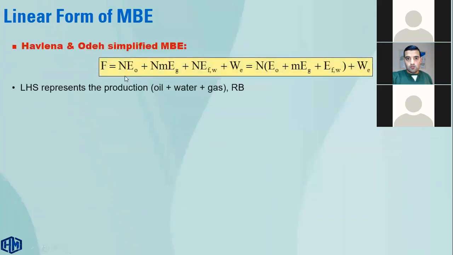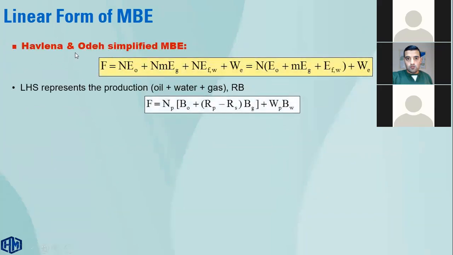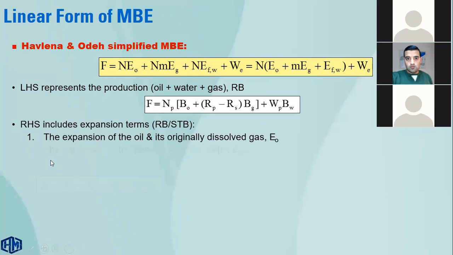Simply, this is the general formula of the Havlena and Odeh material balance equation. On the left-hand side we have F, representing the production of oil, water and gas in reservoir barrels. This is similar to the general form of the material balance equation.